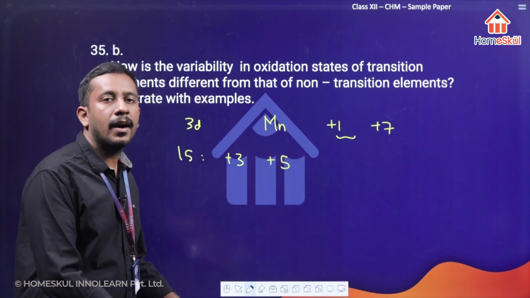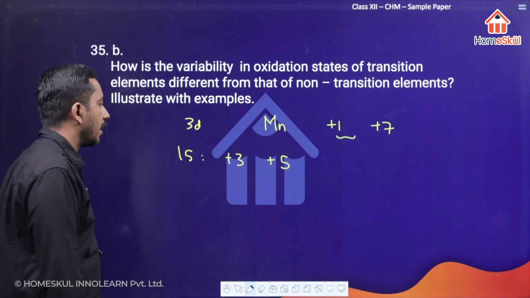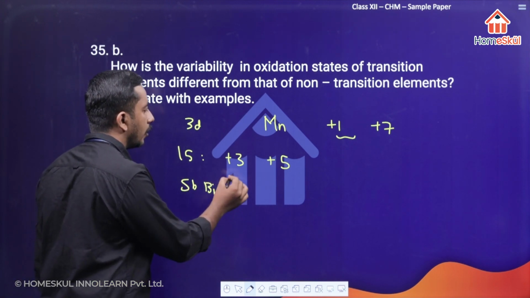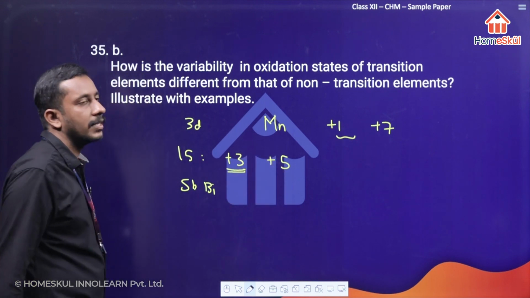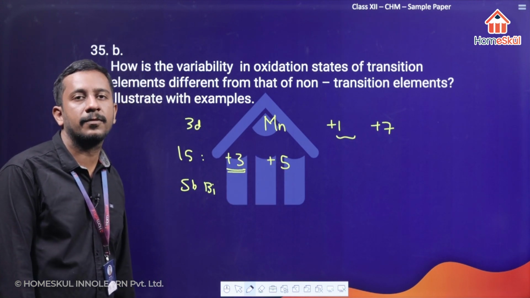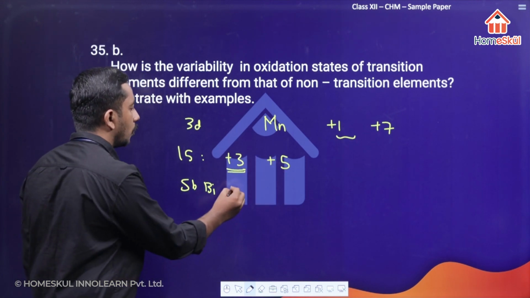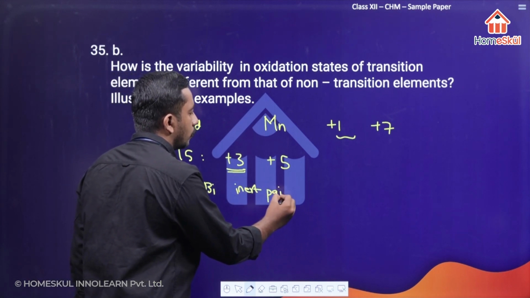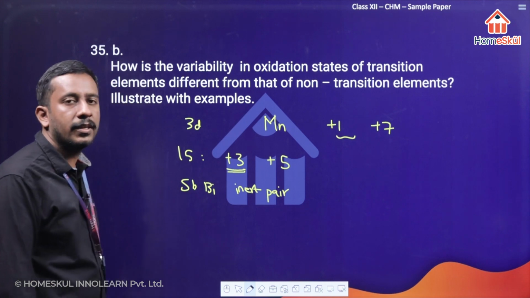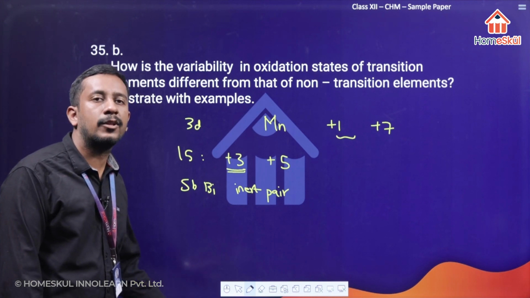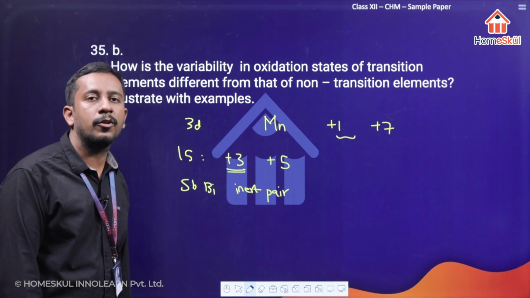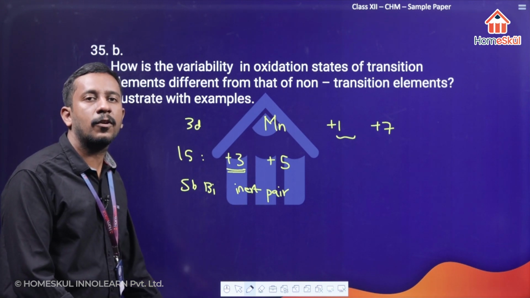And when we move down the group, if you take a heavier element in the 15th group like antimony or bismuth, we can see that the lower oxidation state, +3, is more stable than the +5 oxidation state. That is due to the inert pair effect. The s electrons will be reluctant towards bonding. So the lower oxidation state, excluding the s electrons, will be more preferred as we move down the group in the case of representative or p block elements.